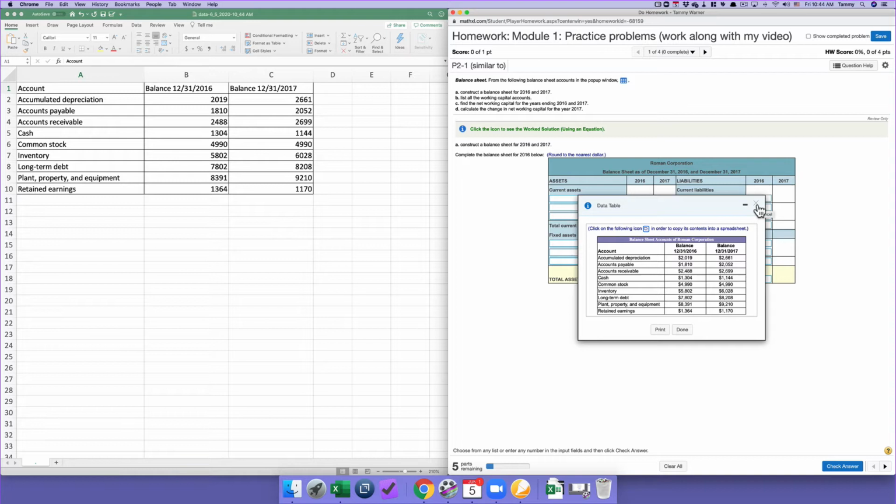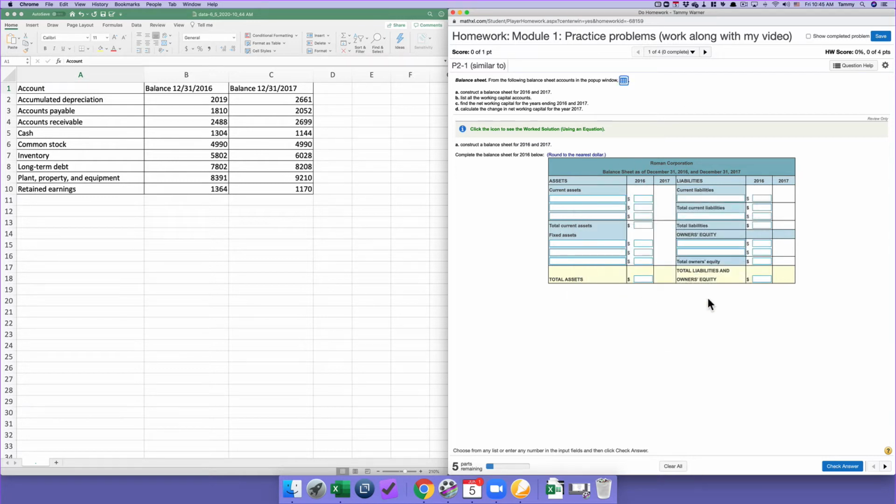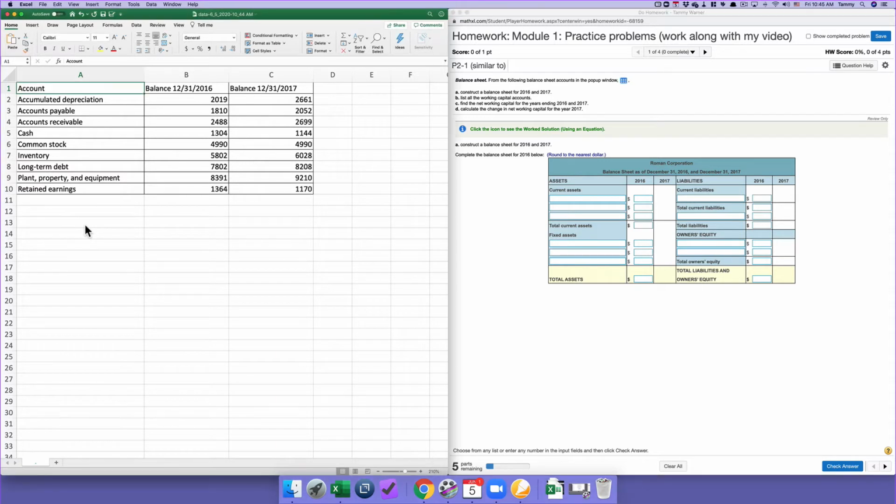and get going for you, so we can close this out. They give you a hint about what a balance sheet is supposed to look like. And the first thing you need to do is construct a balance sheet for 2016 and 2017. So let's go ahead and do that. Over here, we can start, I guess, by copying the skeleton the way that they have it.